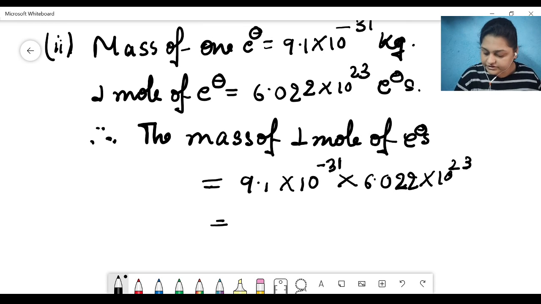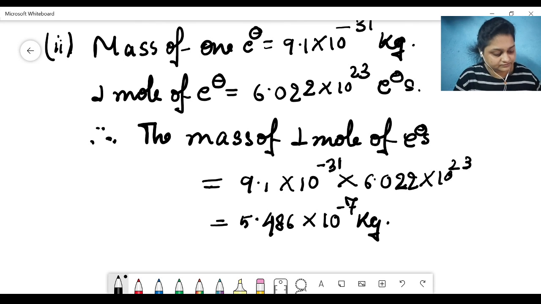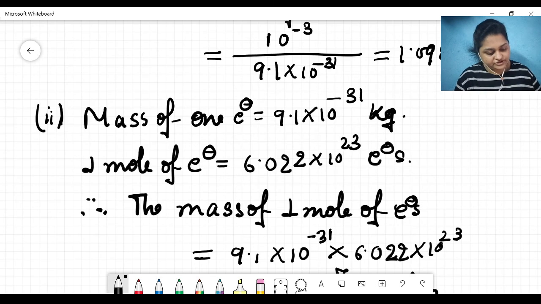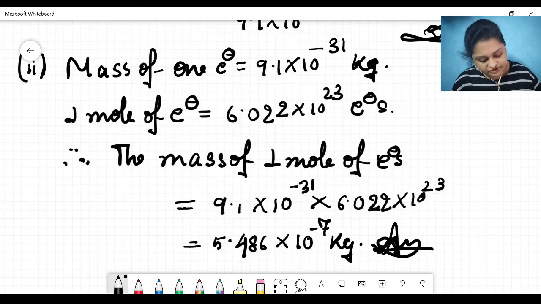This will give the mass of 1 mole of electron, which is 5.486 into 10 to the power minus 7 kg. This is the answer of the first part of the second question.